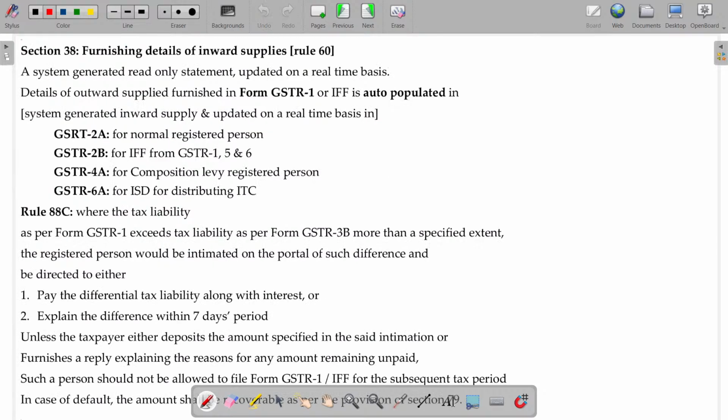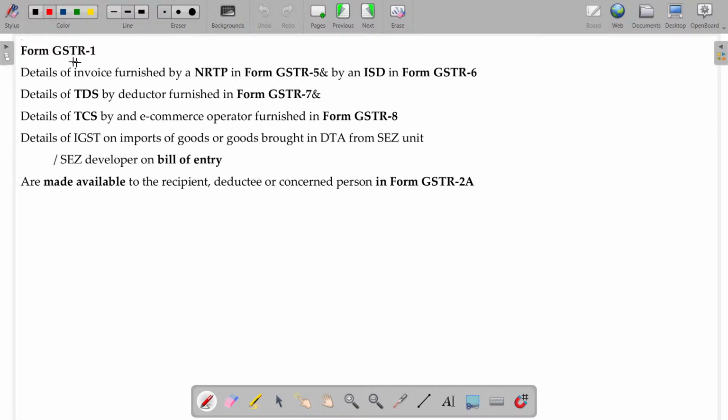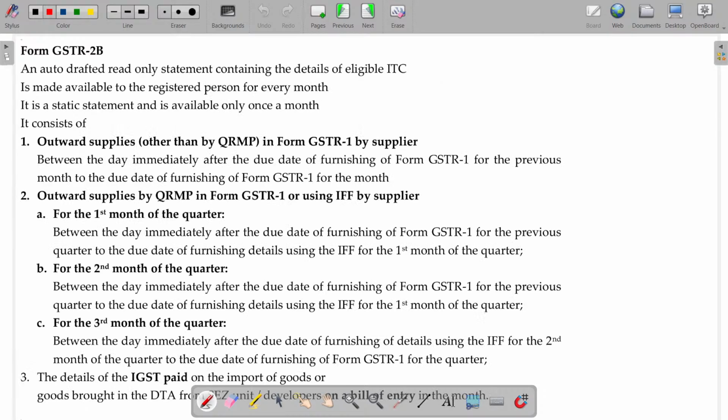Now let's move on to section 38. Actually, section 38 is not required for the CA Inter. I already told you it is nothing but auto population, in this form. 4A is for composition, 6A is for the ISD, and on confirmation this will be automated and transferred to your regular form.